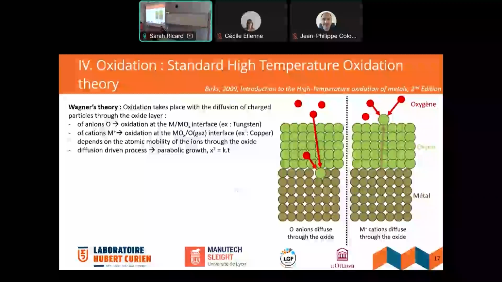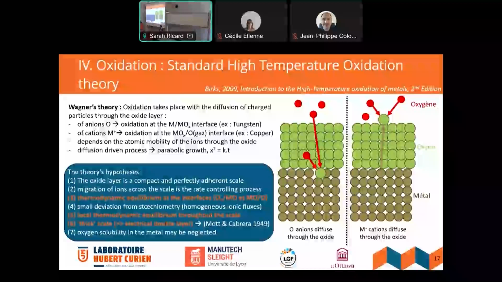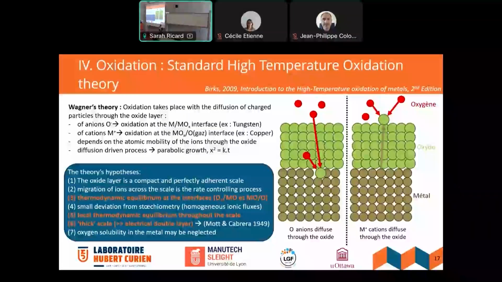Mostly it's one of the two. The original theory is that the two take place at the same time, but calculation and numerical solving of atomic mobility shows that it's mainly one of the two, not both at the same time. So the issue with this theory, I highlight, is the hypotheses you need to make to work in this frame.